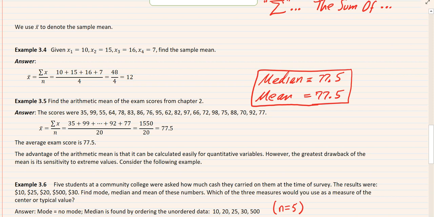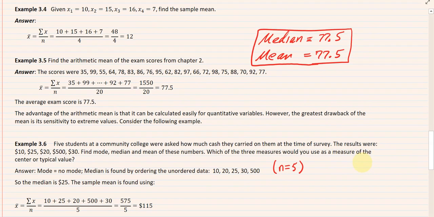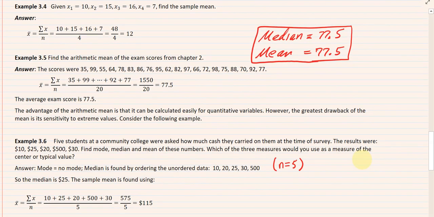That's how much the students carry on them at any given time. Now, that one would be a very hard sell as opposed to $25. That would actually be the exact average, $115.